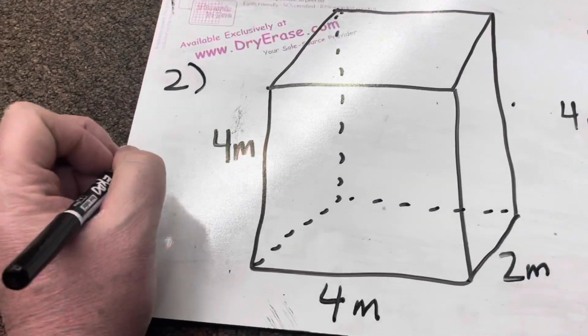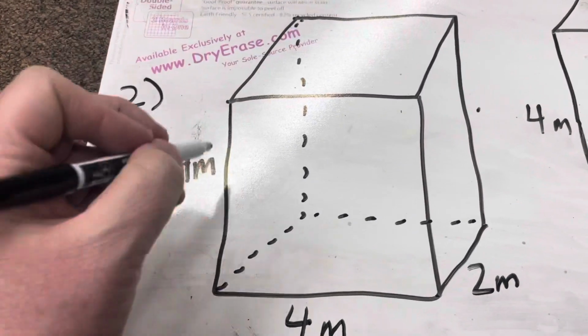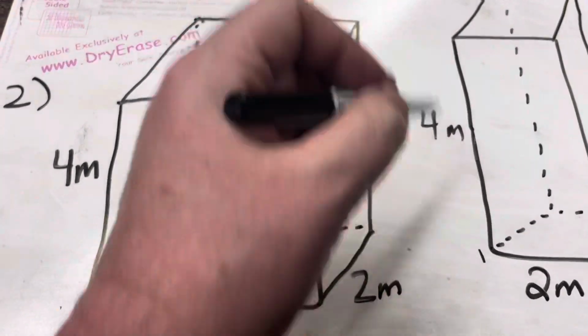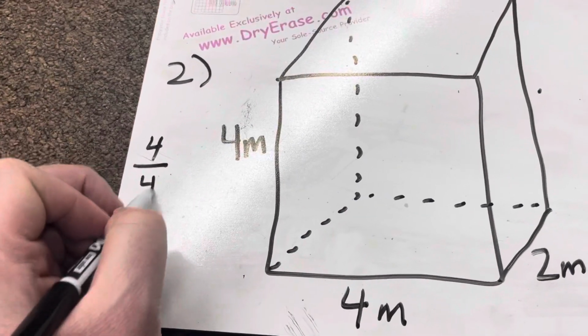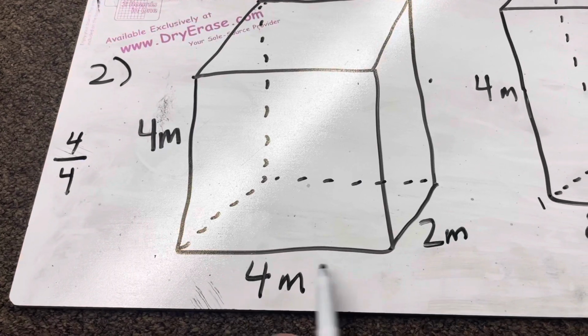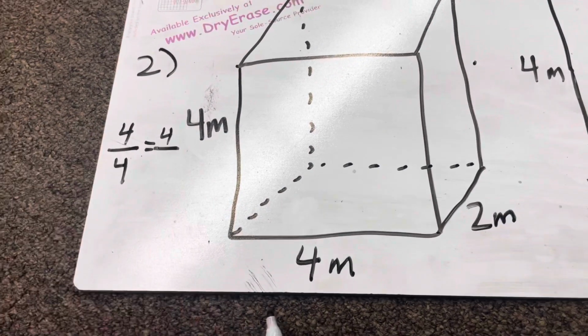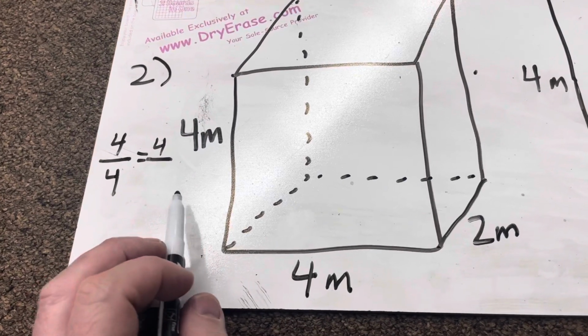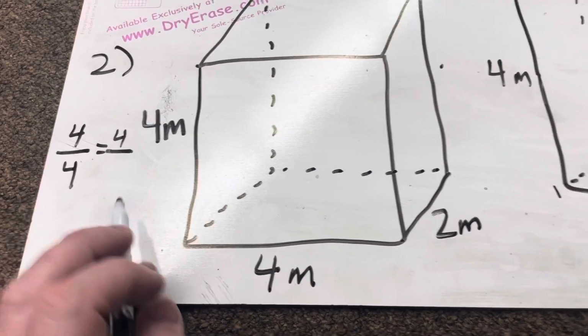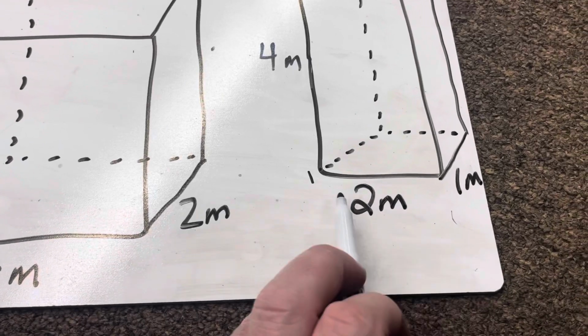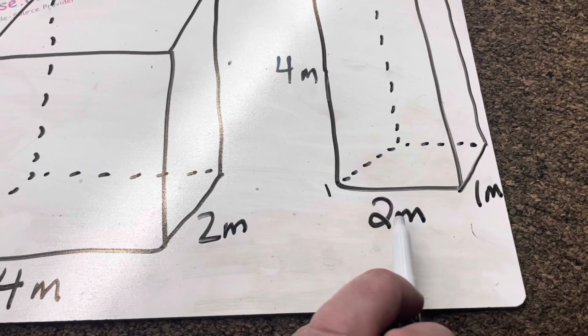So I can set up the height of A is 4 over the height of B is 4. Then I see the length of this one is 4. And based on this, if they're going to be similar, the length of B is going to have to be 4. But I see that the length of B is 2.